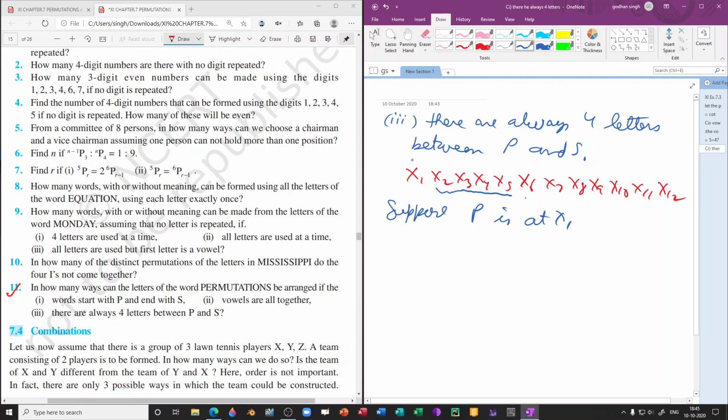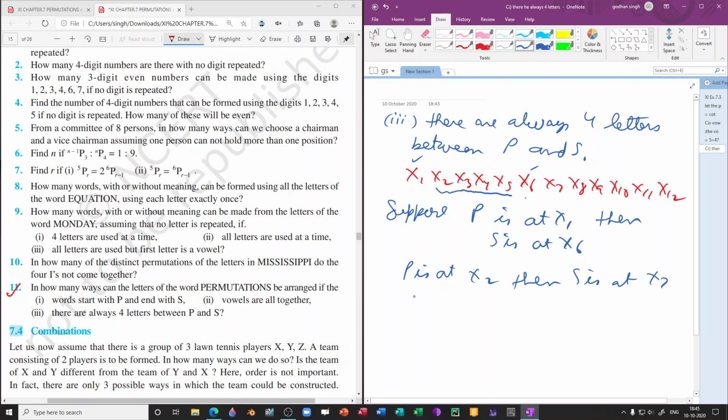If P is at X1, S has to be at X6. Similarly, if P is at X2, then S is at X7.